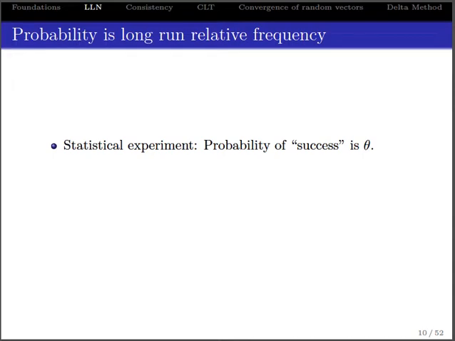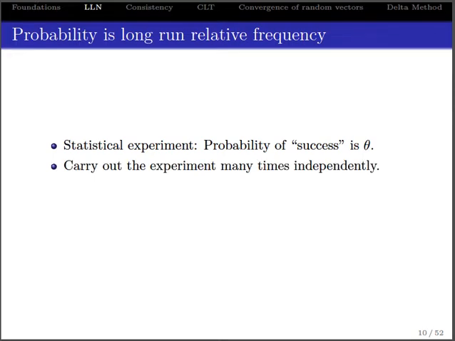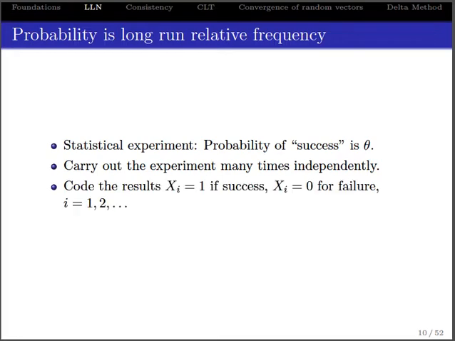of large numbers. So you've got a statistical experiment with a probability of success, theta, and you carry out the experiment many times independently, coding the results xi equals 1 if it's a success and 0 if it's a failure.